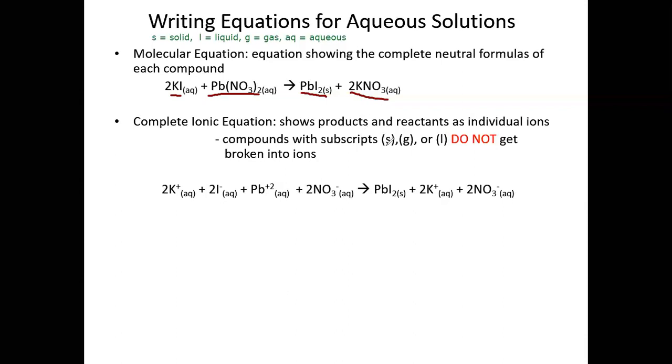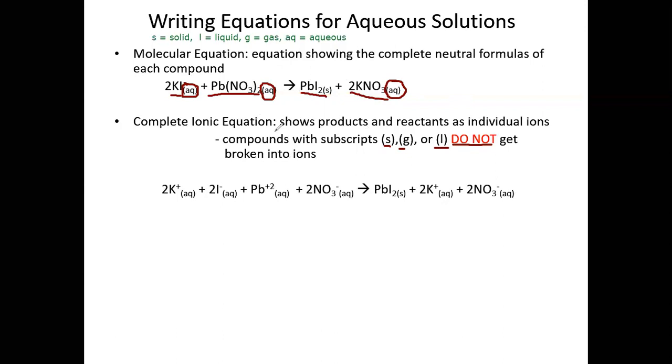Compounds with S, G, and L, here in bold red letters, do not get broken into ions. It has to have an AQ in order to break Humpty Dumpty. So everything with AQ, we break apart into its ions.